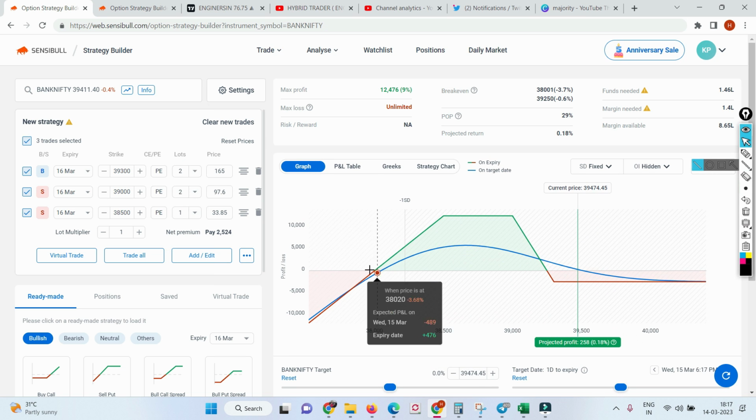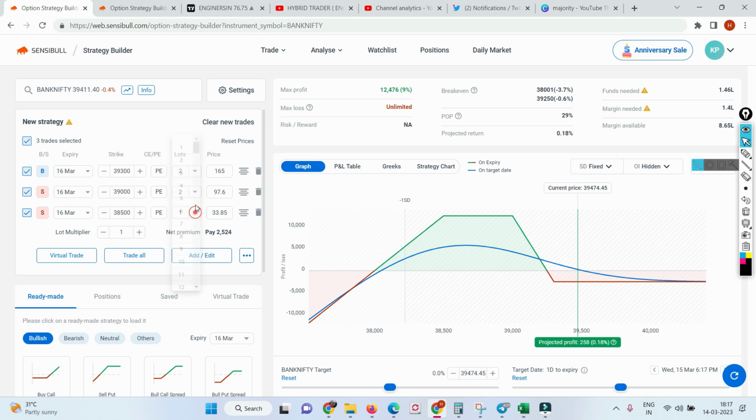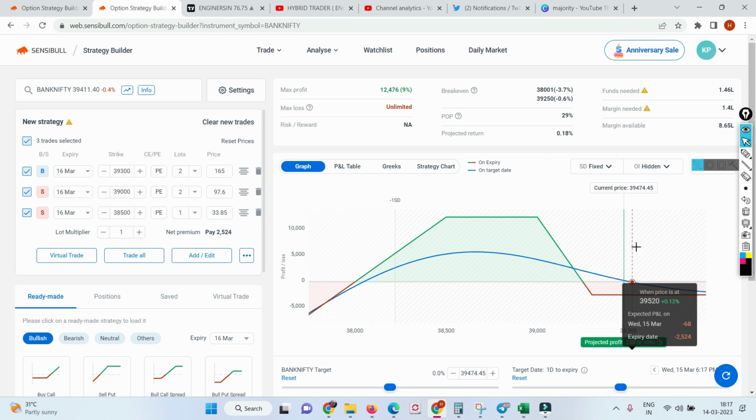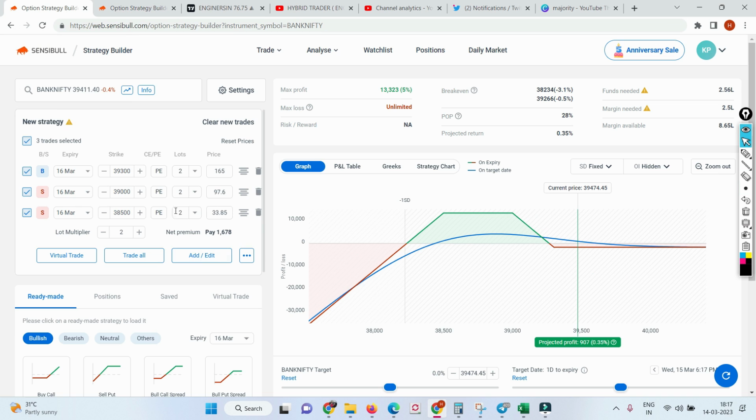Check the blue line. If you increase it to 2, your loss will reduce drastically. Right now this loss is 2,500. If you go for 2 lots, your loss has reduced to almost 1,000, and you still have a good range of 2.62%.